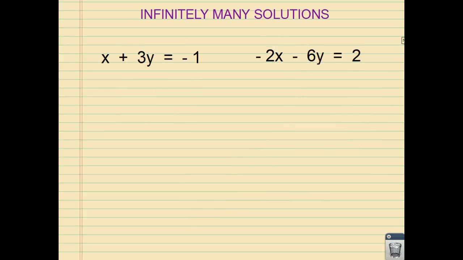All right, the last one is infinitely many solutions. Same idea. We're going to figure out what our slope is and then talk about it. So let me quickly do that here.